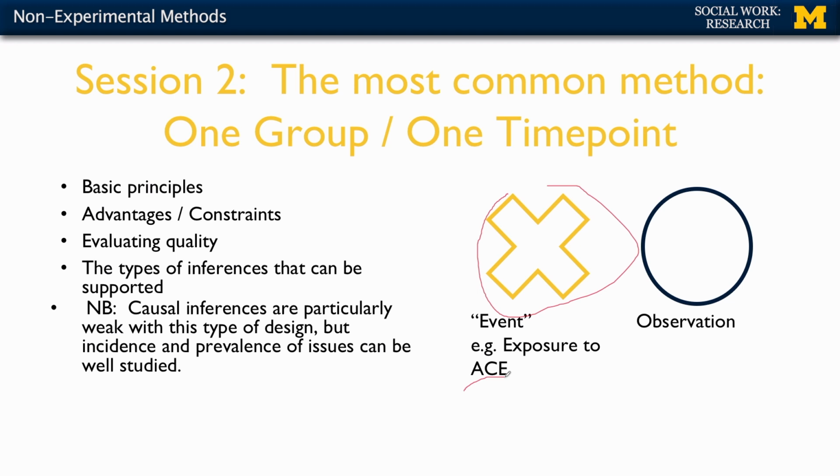These are experiences like being abused or maltreated as a child, being neglected, having a parent with mental illness, a parent who's incarcerated. And so we might observe, the O stands for observation, we might observe that there's some kind of effect on the mental health of our participants, or that after exposure to some kind of adverse childhood experience, participants in a study have lower mental health.